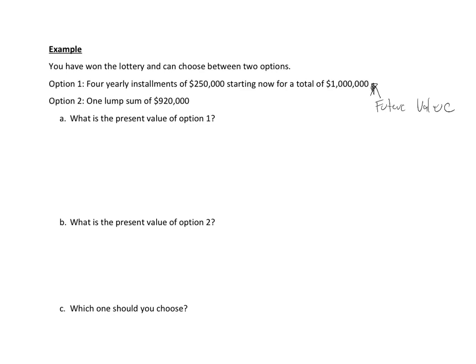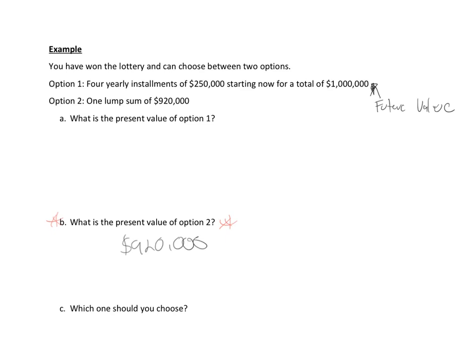So in part B here, what is the present value of option 2? Well, that should seem pretty obvious. We're getting $920,000 today. Okay, so what we need to decide is whether the $920,000 you're getting in option 2 is worth more than option 1.